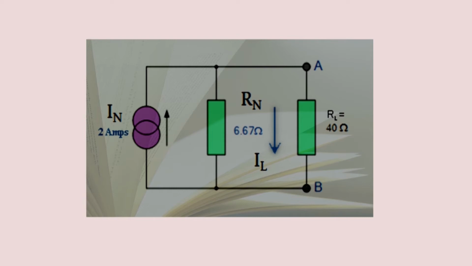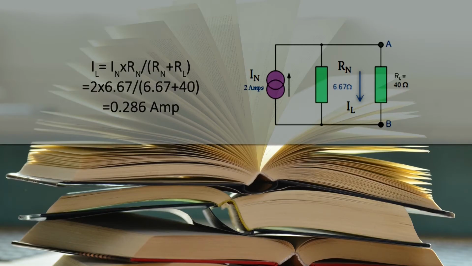Now what is your aim? Our aim is to calculate the current flowing through terminal AB, that is called the load current. So again this load current can be calculated by applying the current division rule. So IL is equal to what? IN multiplied by Rn upon Rn plus RL. What is this Rn? Rn is the resistance opposite to the branch AB.